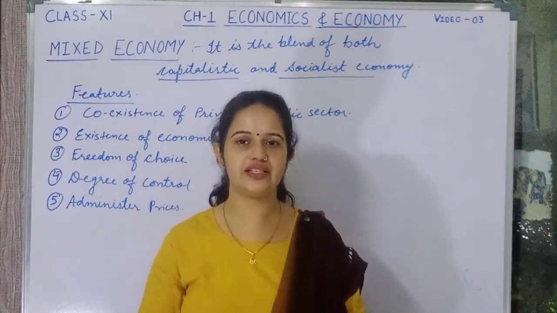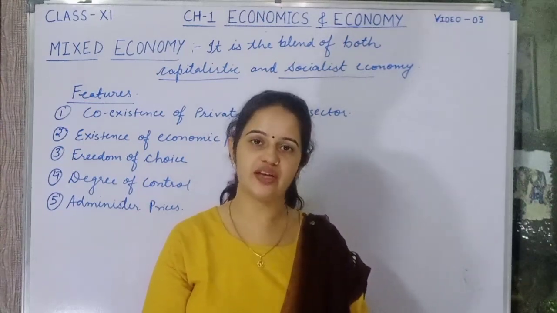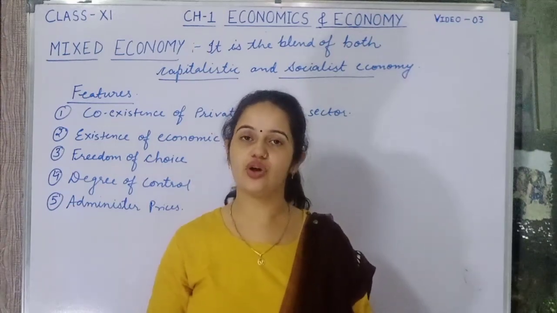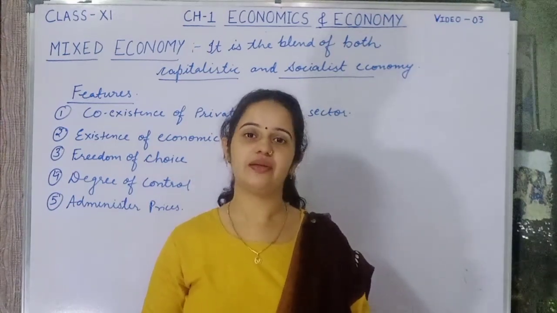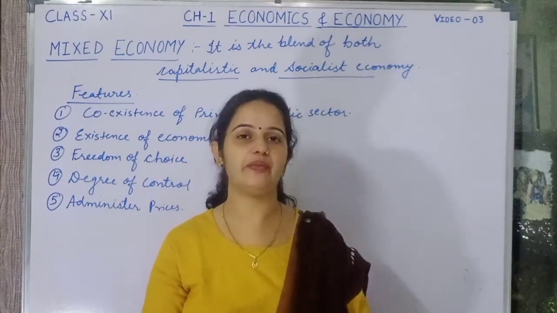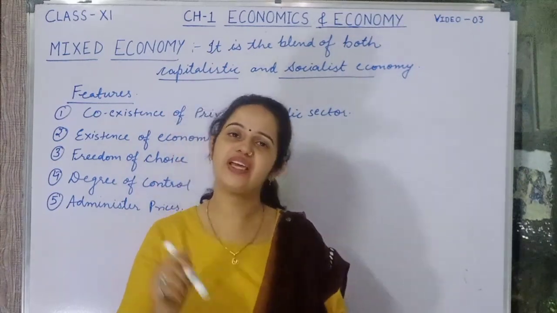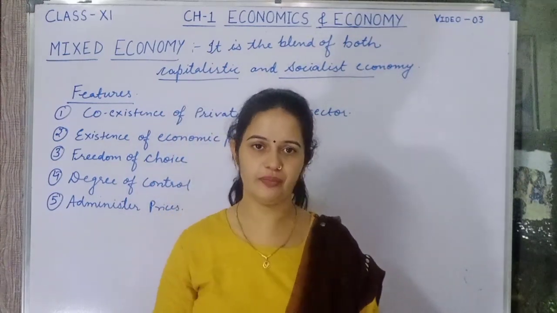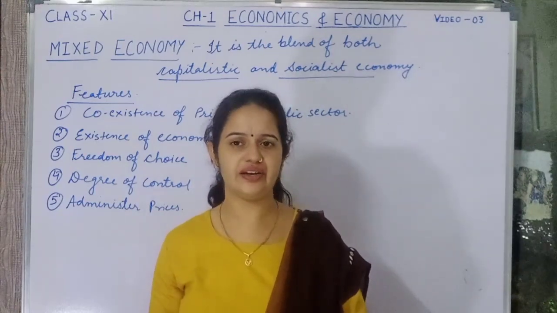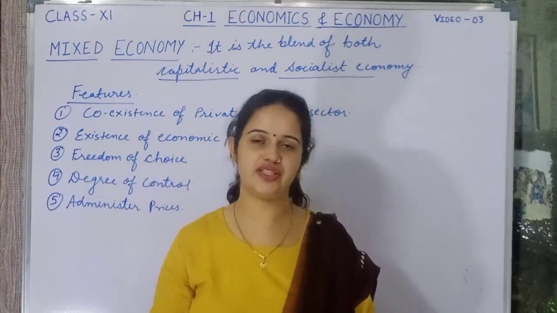In most cases of the public sector, prices of goods and services are declared by the government, especially in case of essential commodities. The prices are fixed by government, and that price is called administered price. India is the biggest example of mixed economy, and there are some more developing countries who follow the same kind of economy, that is mixed economy.